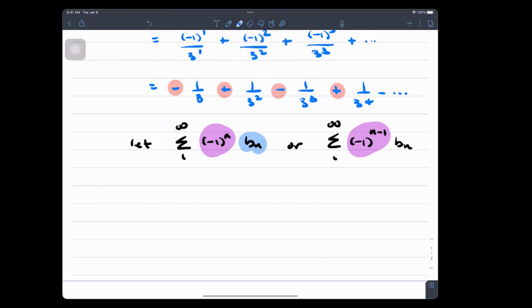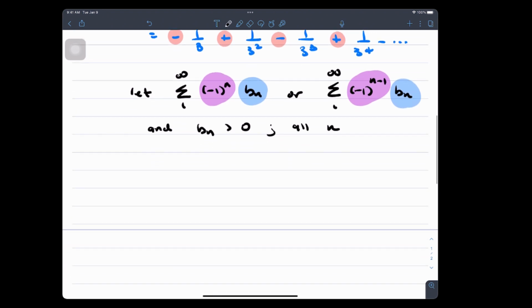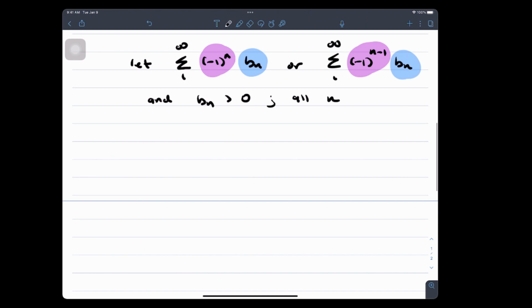And then you have these terms, bn. These are all positive terms, by the way. And then they'll say, okay, bn are positive terms for all n. So we're going to consider these alternating mechanisms with a series. All right, and so now you say, okay, well, what is this? Well, you have what's called the alternating series test.